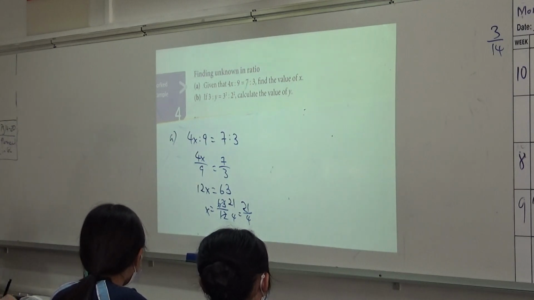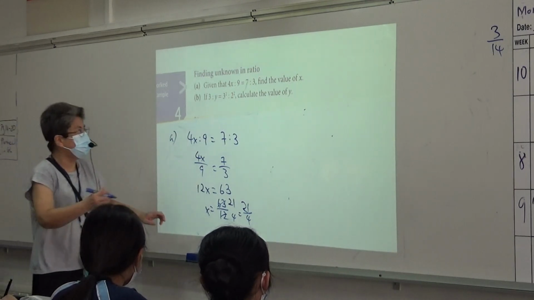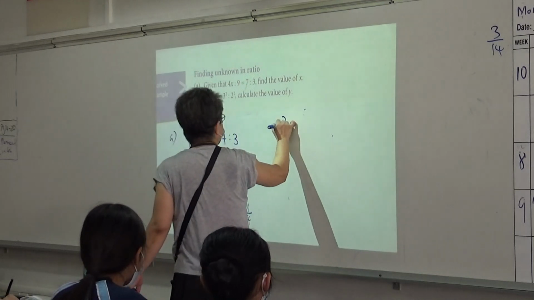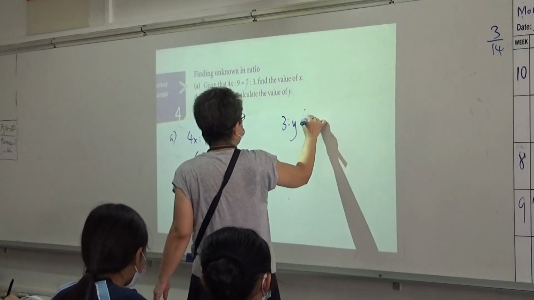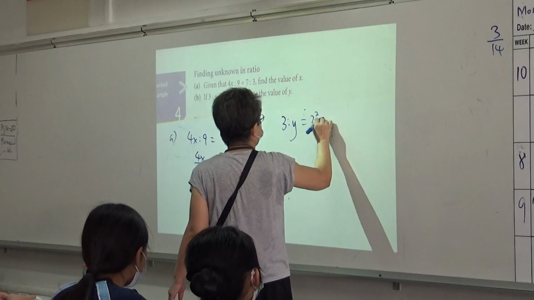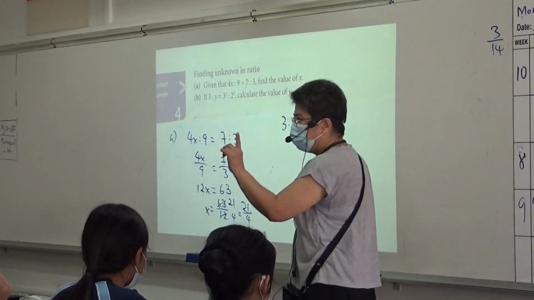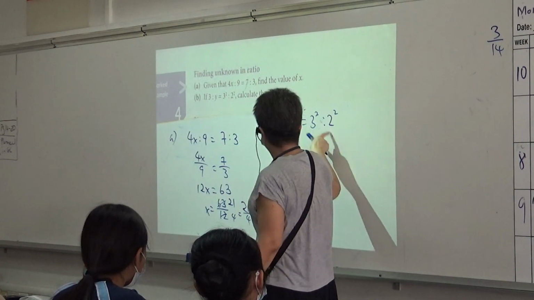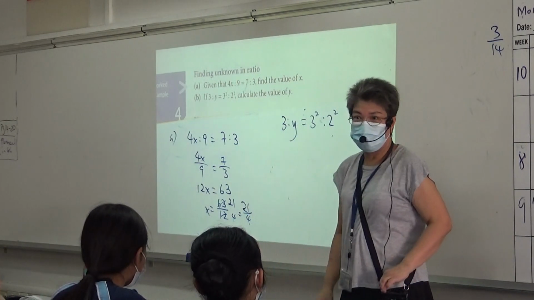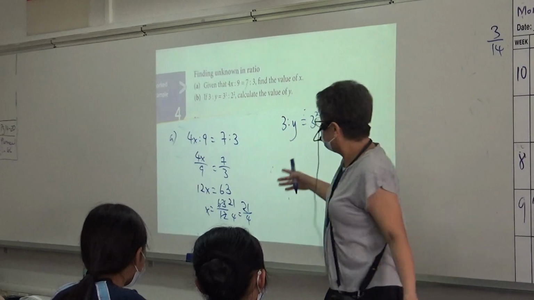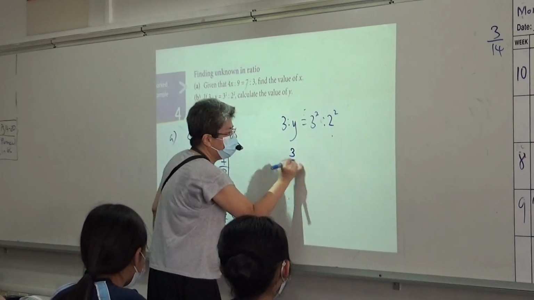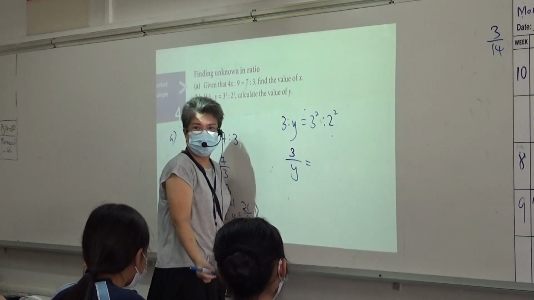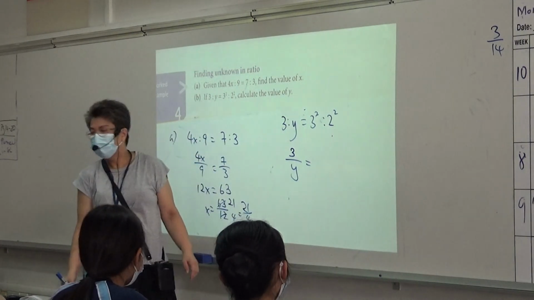Alright. Now, next question. If you look at part B, it's even more strange. 3 is to y equals 3 squared is to 2 squared. A lot of you will do this: 3 squared, and this one must be 2 long. Just compare? No. We must do it the same way. This one is 3 over y. What's 3 squared? 9.